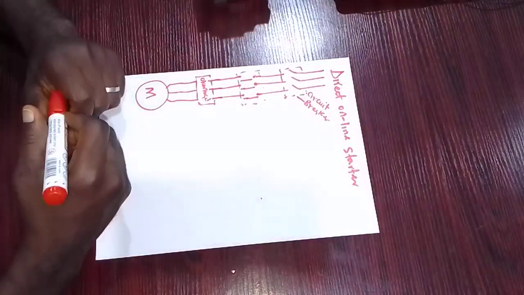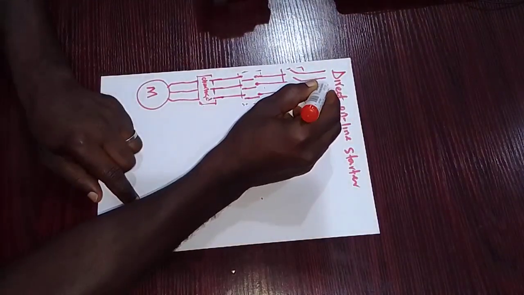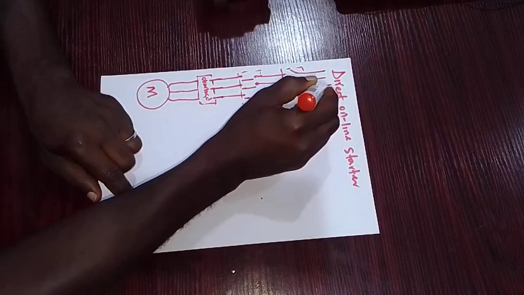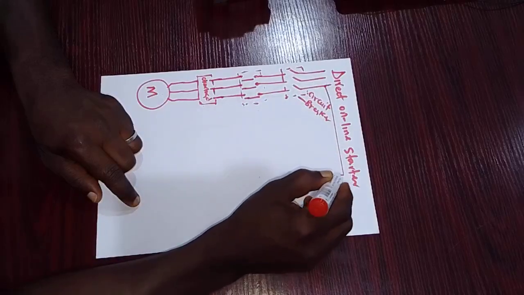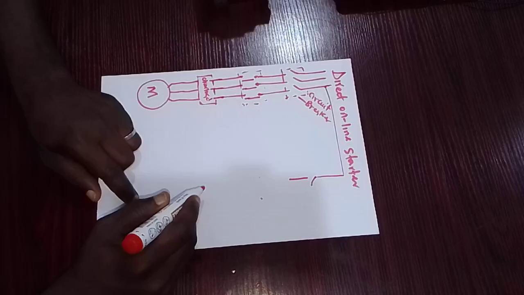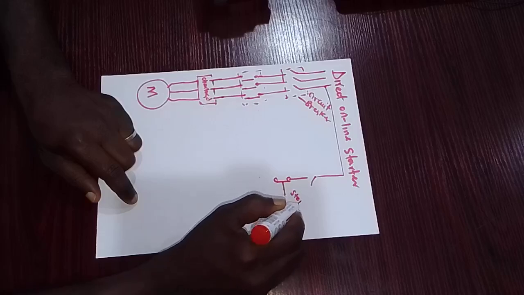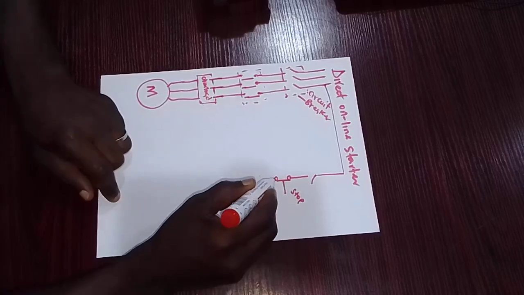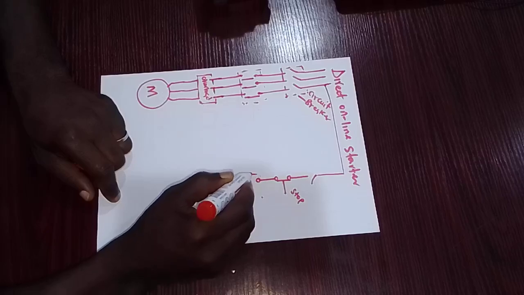Now for the control circuit, we're going to take out one of the supplies into a single pole breaker. The supply is connected to a stop push button. From the stop push button it is connected to the start push button.